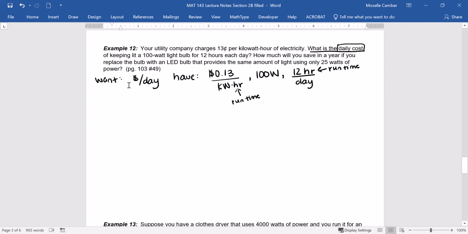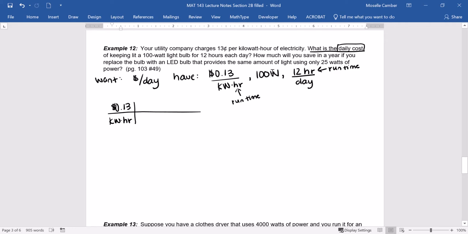So we want the amount per day. Well, we start with the numerator. So we want something in dollars. And we look in our have list, and we have a cost per kilowatt hour. So we know it's 13 cents per kilowatt hour. I don't want kilowatts or hours in my answer, so I'm going to first get rid of the kilowatts. Now I don't have anything else in kilowatts, but I do have watts.